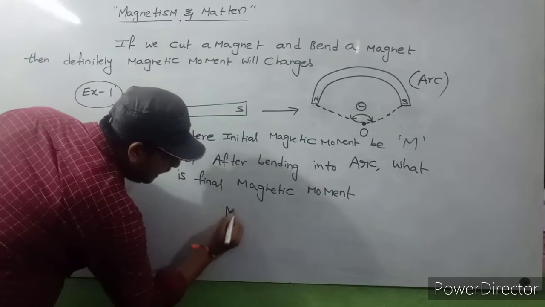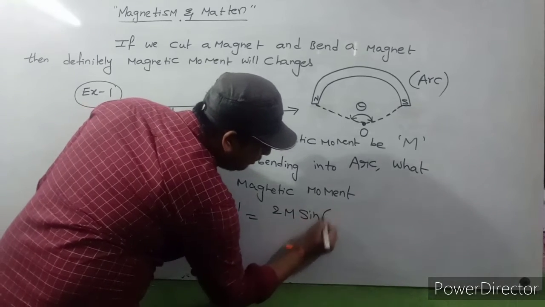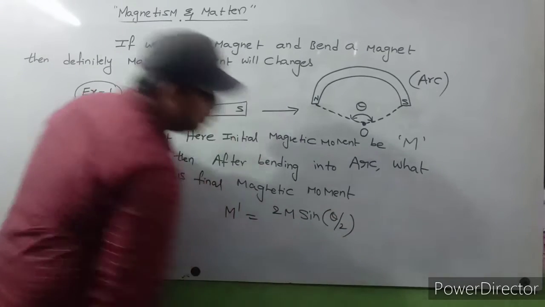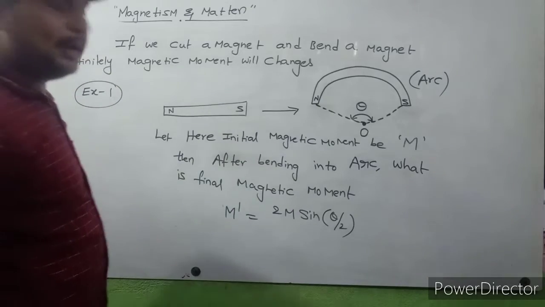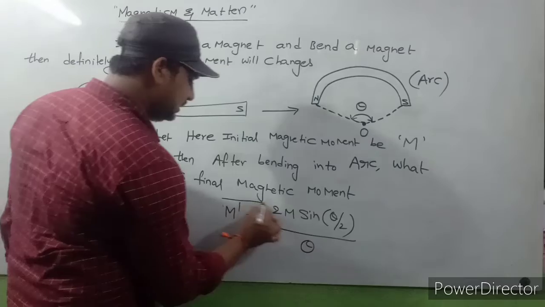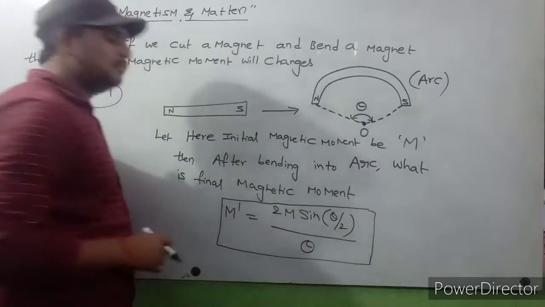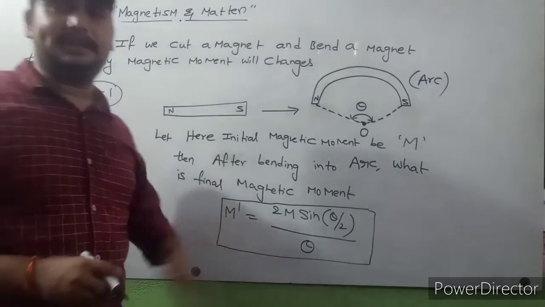That is M dash is equal to 2M sin theta by 2 by theta. So this is the formula: M dash is equal to 2M sin theta by 2 by theta.